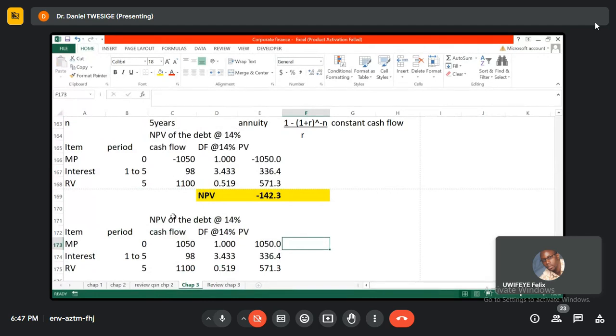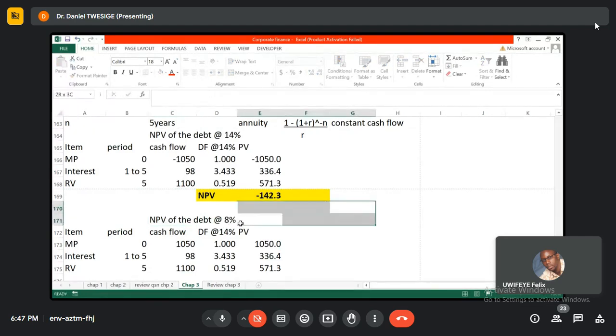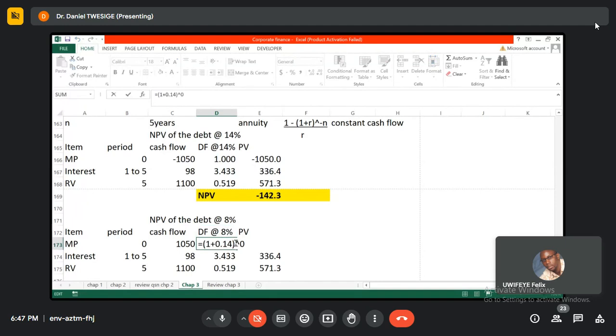So I want to change this. Now I'm going to use 8%. So I'm changing here to 8%. So this one is 0.08.